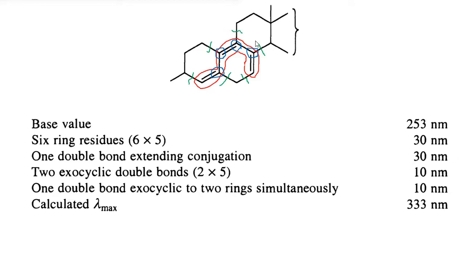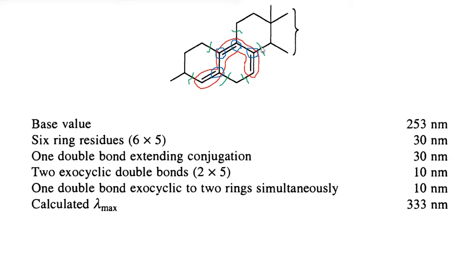See, there are 6 ring residues. It is a ring residue, it is another ring residue, all marked in green curve. You can see each is a ring residue directly connected to our system.